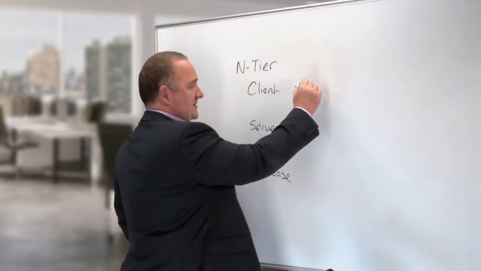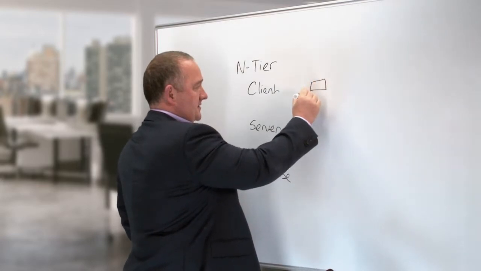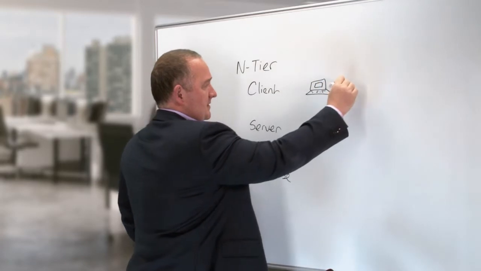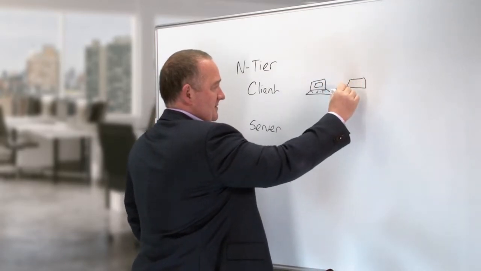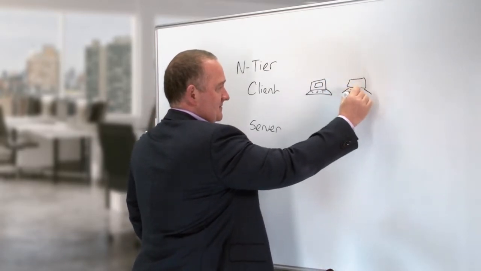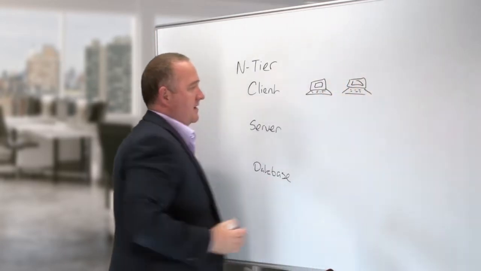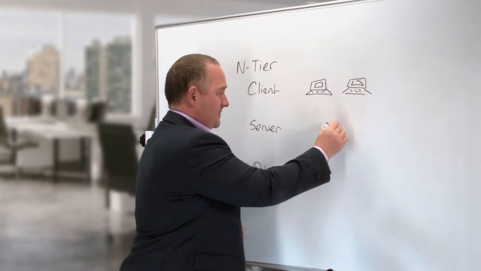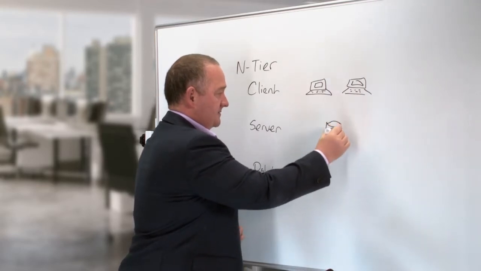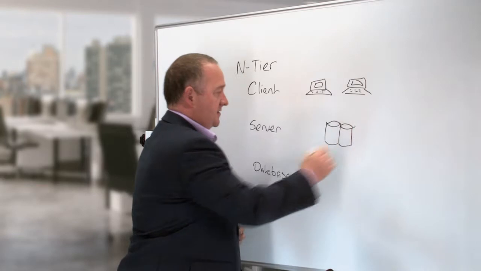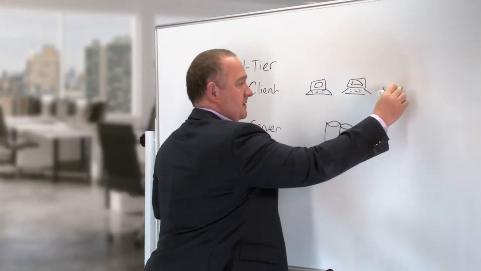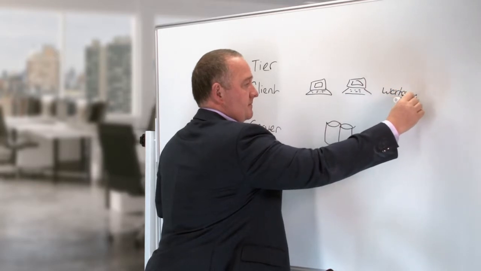So at the client tier, you are going to have all your users obviously accessing HFM. So here we have a couple of PCs, and they're going to access HFM. Now you access HFM via the workspace. So all our users need to have the workspace URL.